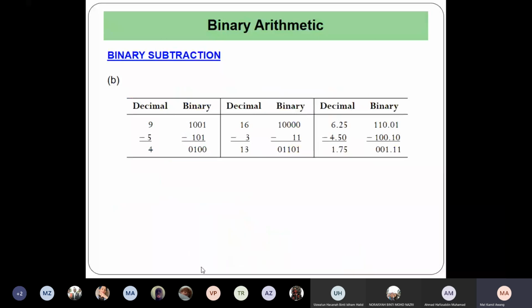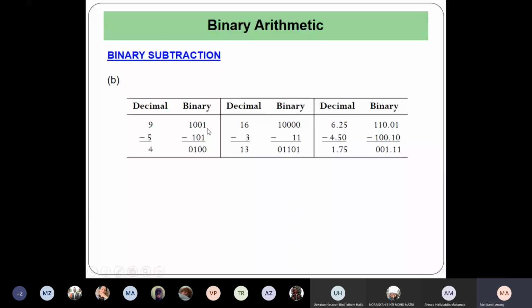Okay, now let's say you have decimal 9 minus 5, so you get 4, and you want to do this in binary. First, you convert 9 into binary, which is 1001, and you convert 5 into binary, which is 101. So you set this up.